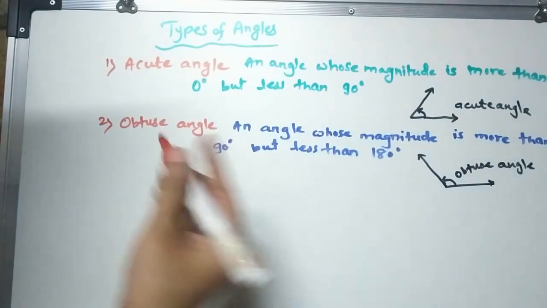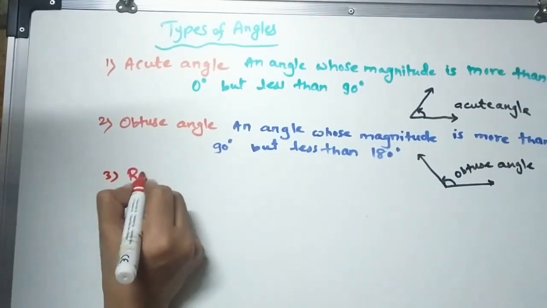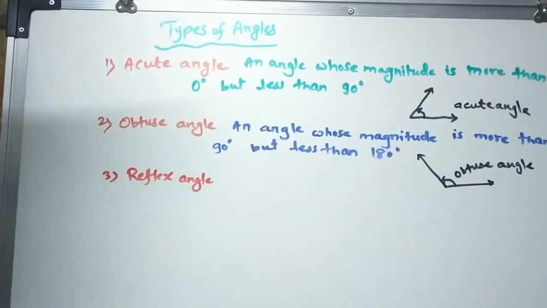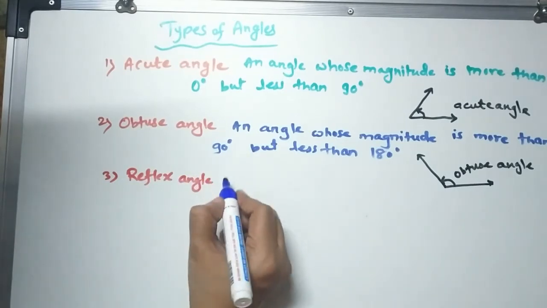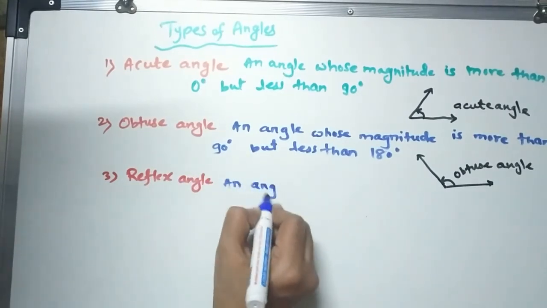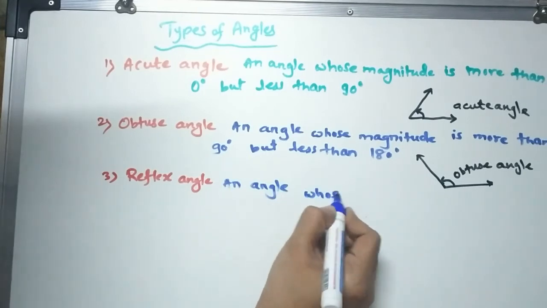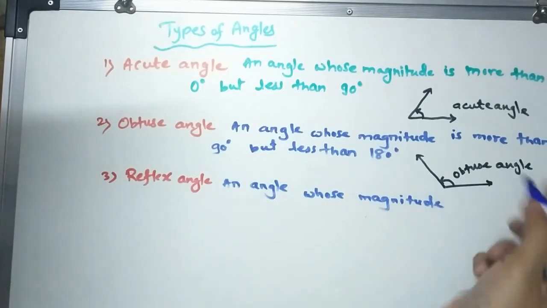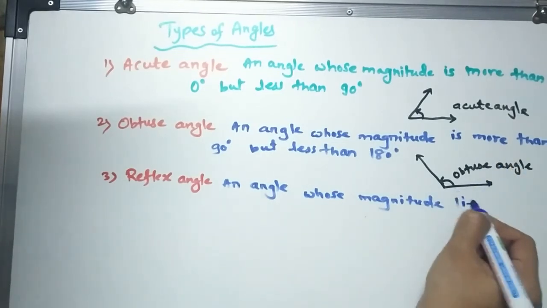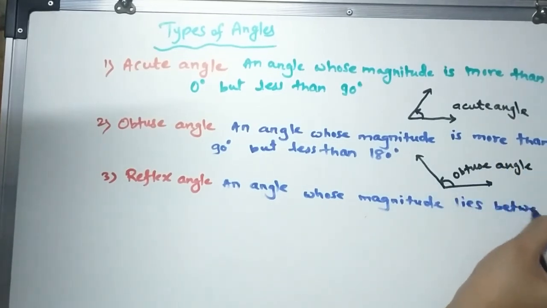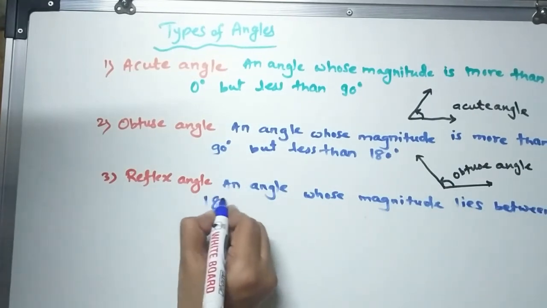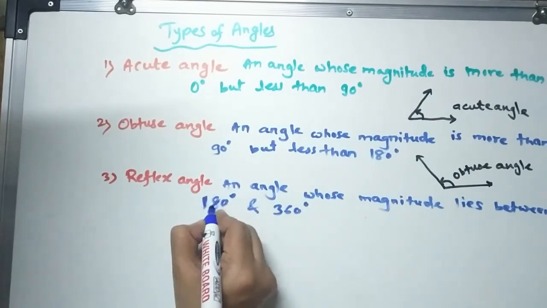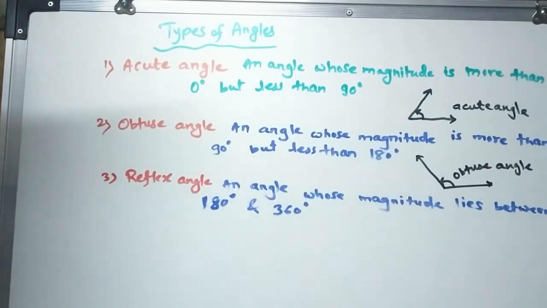So now next you have the reflex angle. So friends, what is a reflex angle? You can say an angle whose magnitude is going to lie between 180 degree and 360 degree. Just like in the previous example I showed you the reflex angle, that is 270 degree.